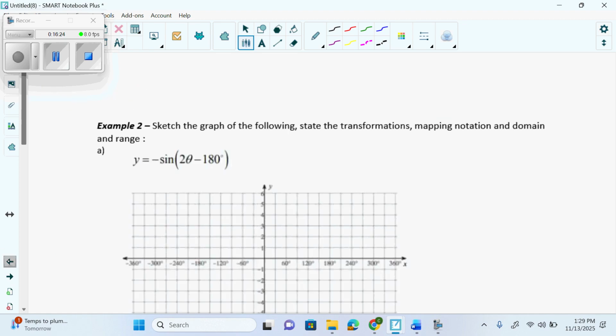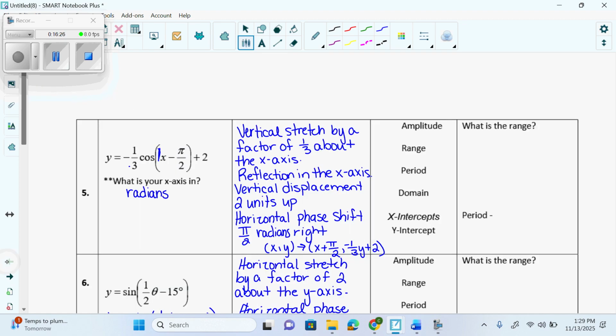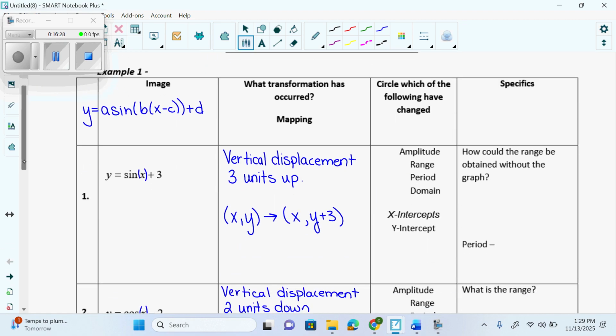So go back, pick up your pencils, and we're going to go back to the front here. We're going to talk about the range. In order to get the range, we're going to do the range of each of these. In order to get the range, we have to get the max and min. So, what is the maximum going to be of this graph? What is my midline? 3.